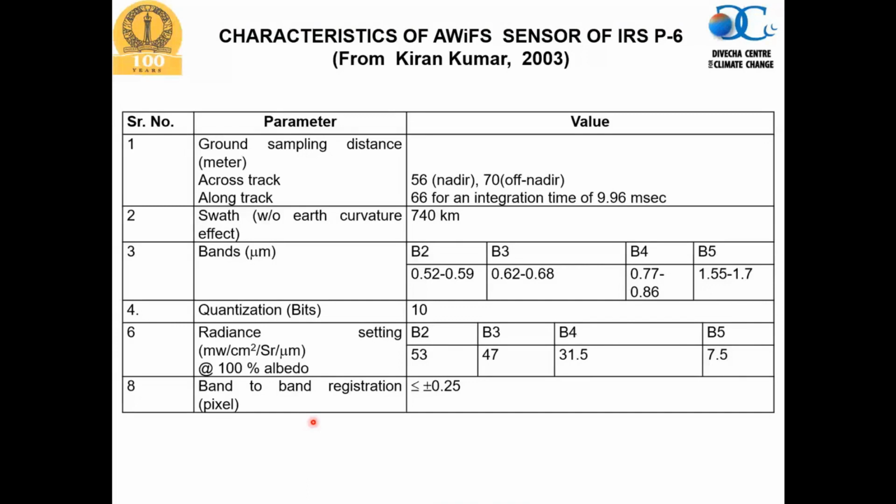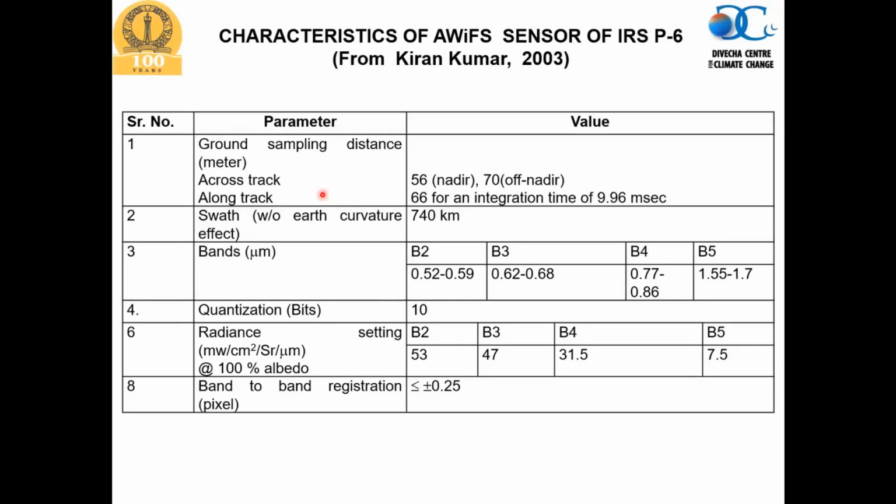So you can see the first important thing is ground sampling distance. It generally means the spatial resolution on the ground. If you look into this, there are the sensors across the track and along the track.